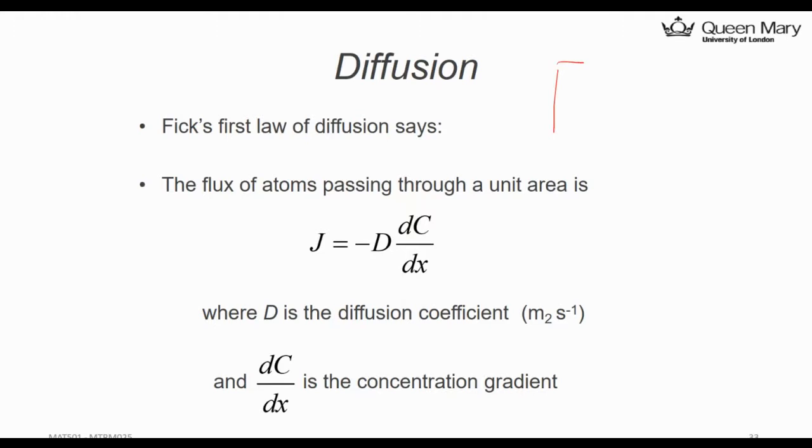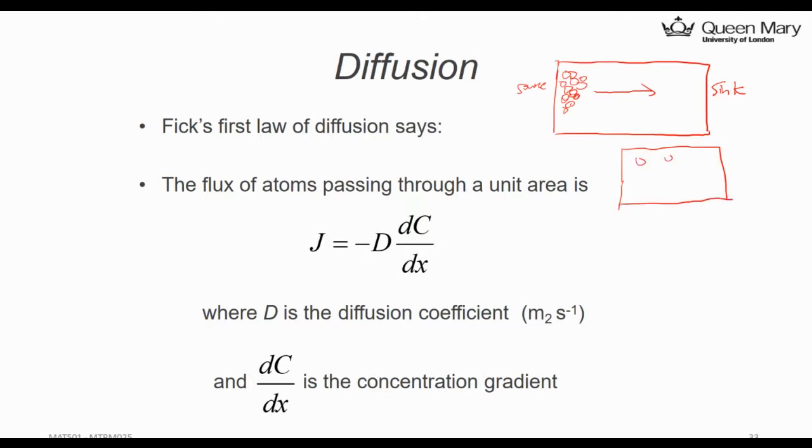Diffusion basically, if I have, let's say, a gas, with some gas molecules highly concentrated here, which we say is the source side, and there's a sink side, the gas will tend to diffuse from the left-hand side to here. So eventually we'll have more uniform gas molecules everywhere.